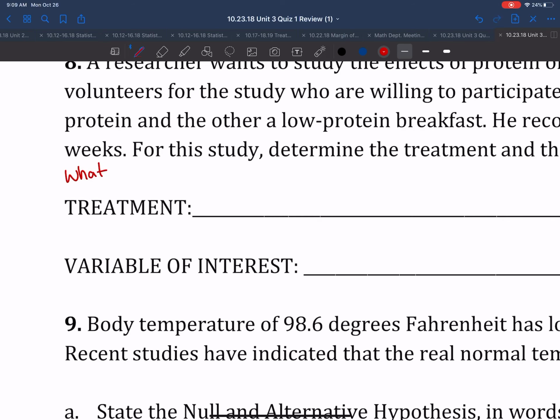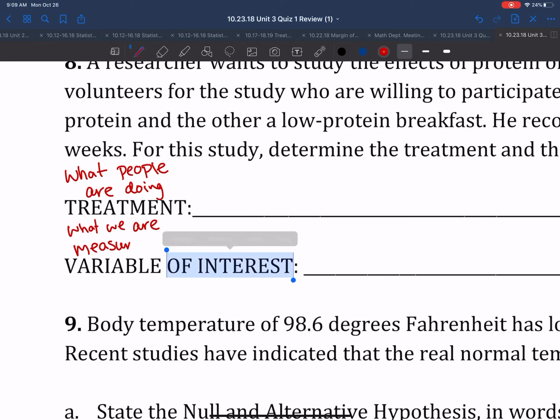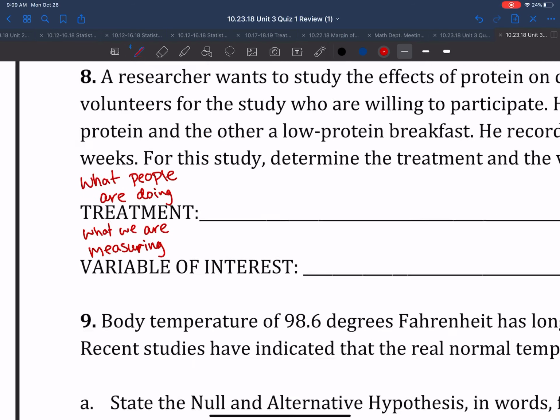What people are doing. And then the variable of interest is what we are measuring. So what we are measuring.